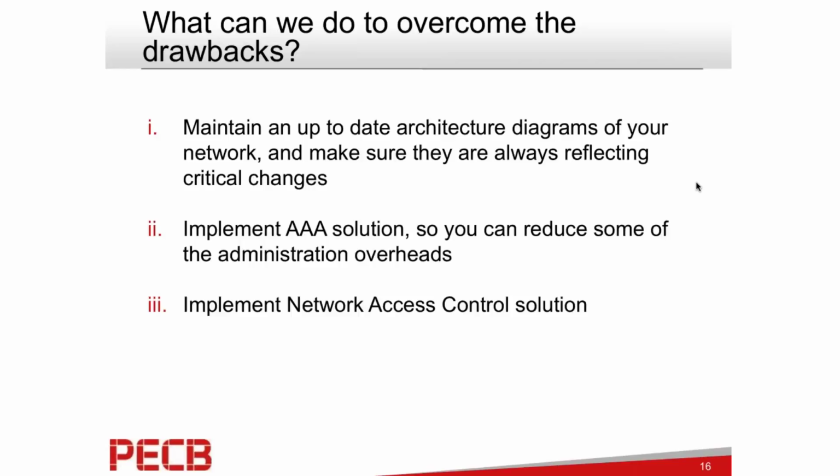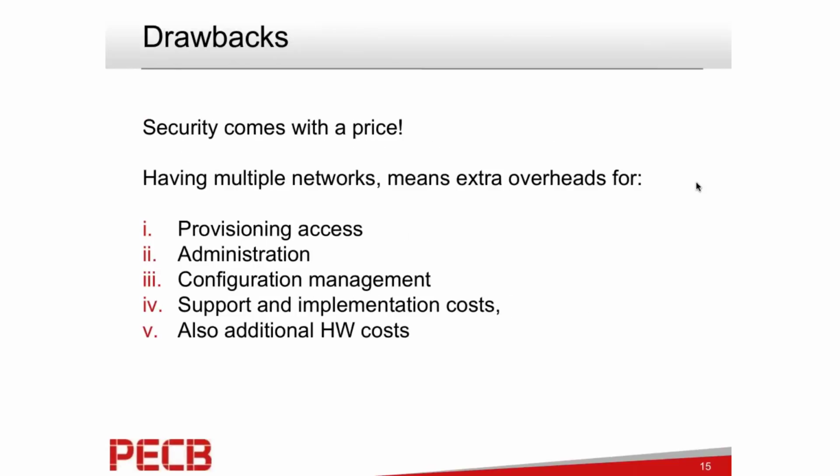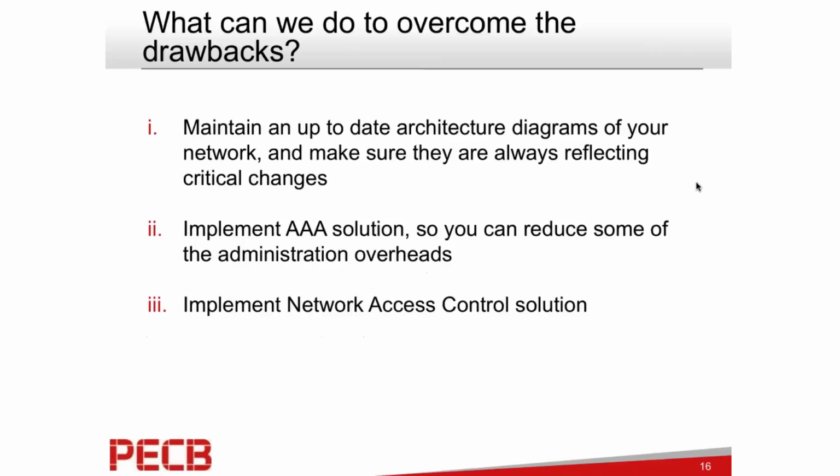So first thing to do, you need to make sure that you are maintaining an up-to-date architecture diagram for your entire network, and make sure that any critical change is reflected in your architecture diagrams. That will make the provisioning, administration, support, and configuration management costs significantly reduced.